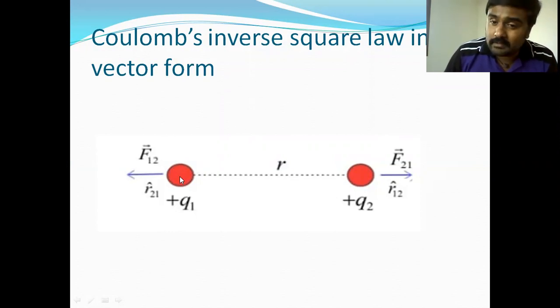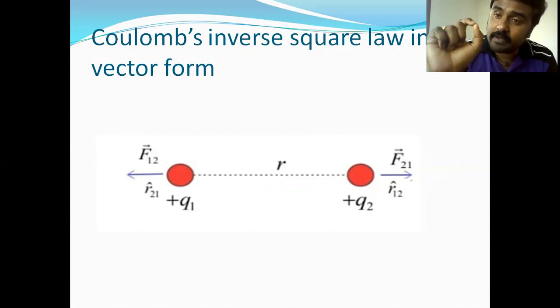Let us consider two metallic spheres. Both are positively charged. So here plus Q1 and plus Q2 are point charges. Point charges means charges whose size is very small with respect to their separation.